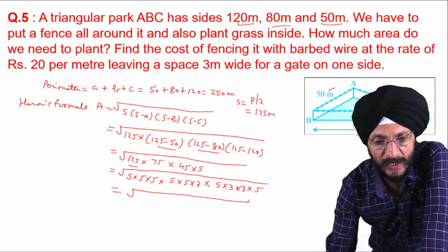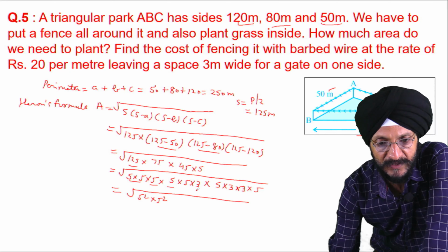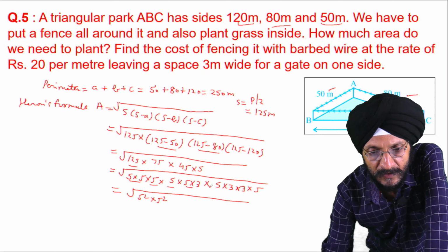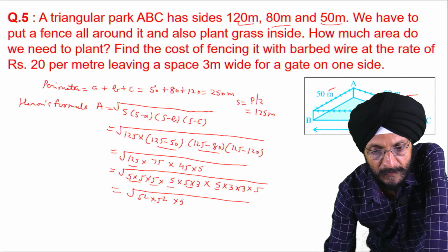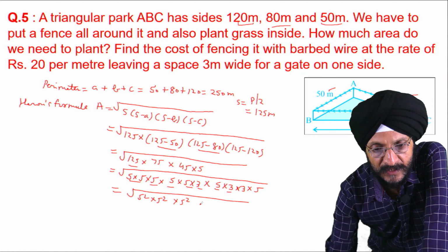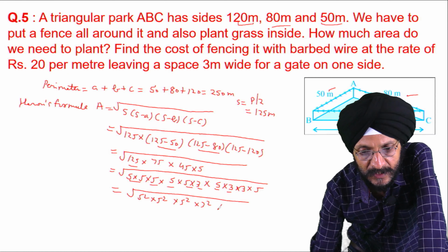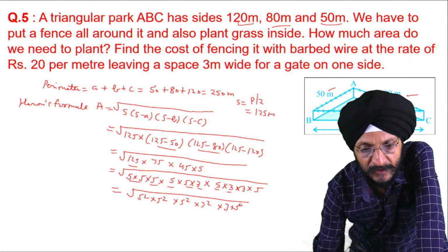So we can also write it as 5 square, 5 square, 5 square, 3 square, and what is left is 3 into 5.